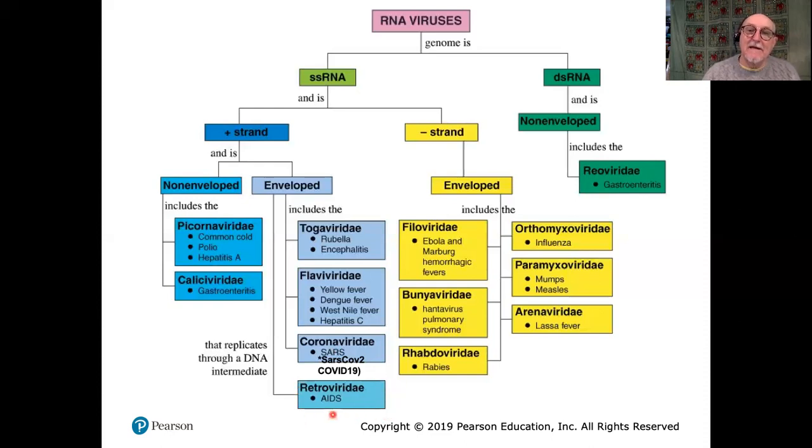Again, these are single-stranded, positive strand enveloped viruses. But this is a group which has a very special reproductive strategy. All of these here, this is positive strand messenger RNA. When it enters the host cell, essentially it just looks like messenger RNA.